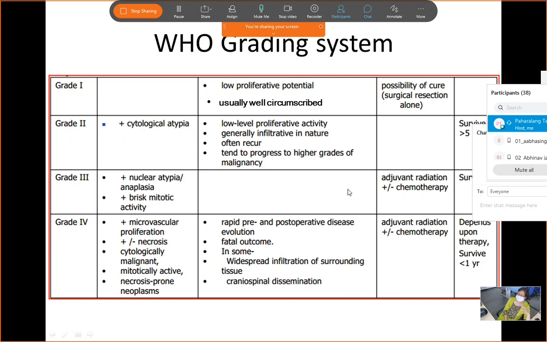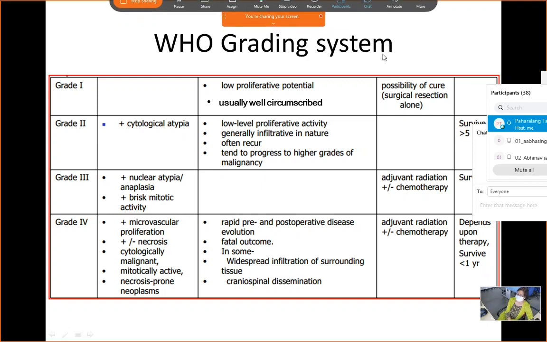Most importantly, as pathologists, if we get a biopsy from the brain and they have said this is a glioma, the first thing I have to identify is whether it is of the astrocyte type, oligodendrocyte type, or ependymal type. And after that, if I'm confident to say this is from the astrocyte, I have to give a grading, okay?